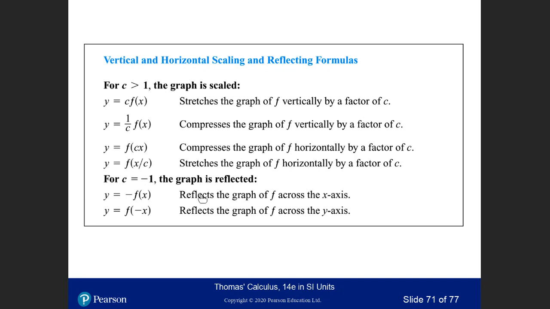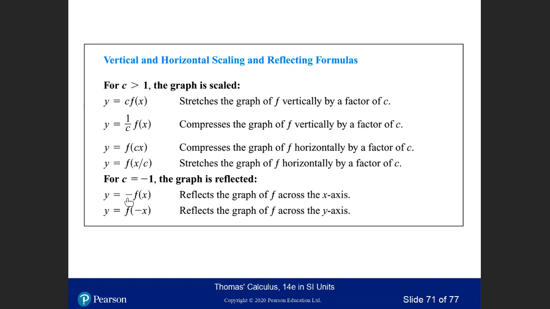And now what happens if c is equal to minus 1? When c is equal to minus 1, instead of f of x, you have minus f of x. This reflects the graph across the x-axis. Because if f of x is positive, it is above the x-axis. If you multiply by minus 1, it becomes negative.